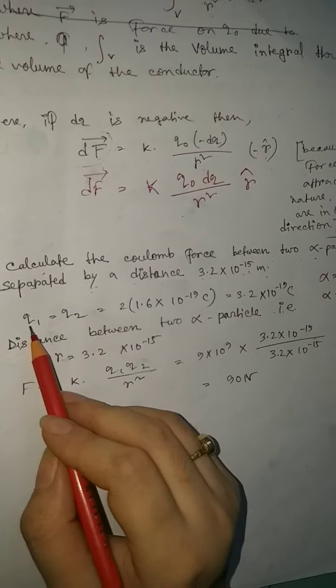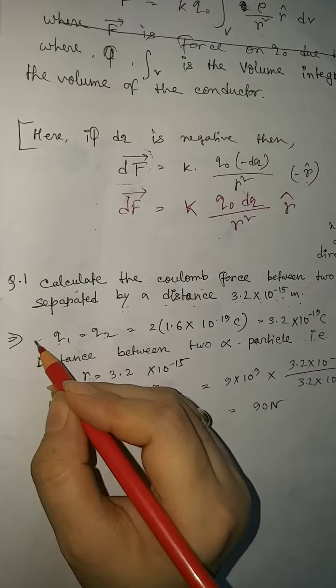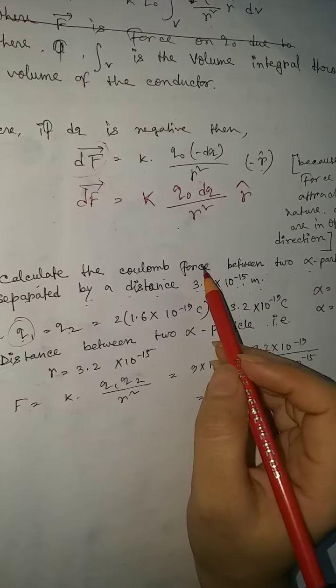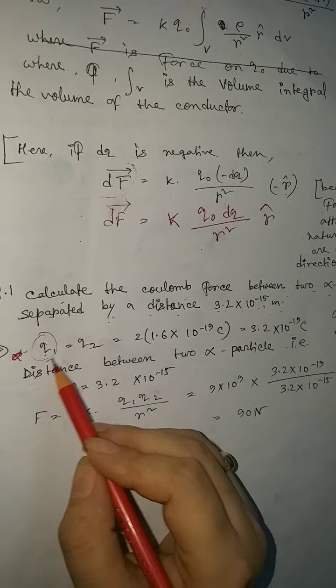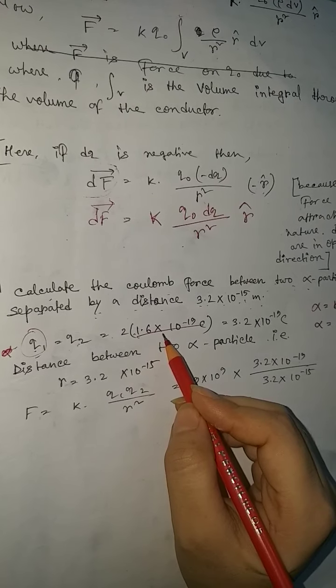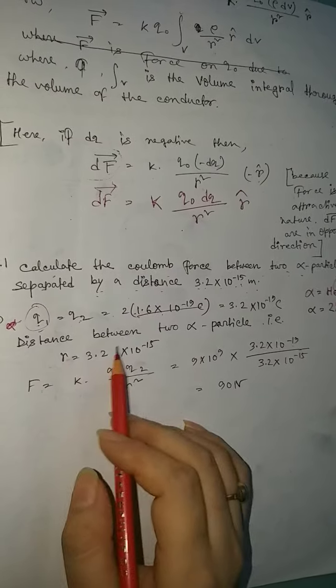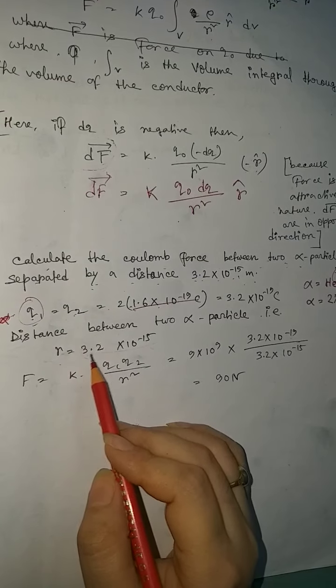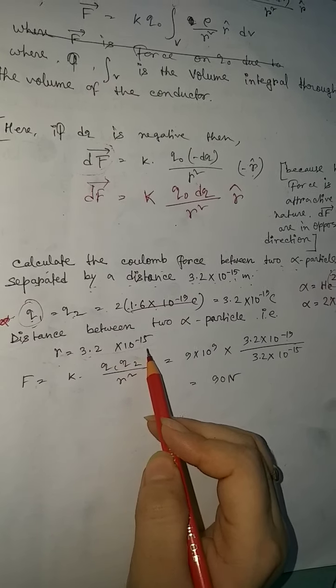So Q1 indicates the charge of an alpha particle, and both are alpha particles. So Q1 equals Q2 equals 2 into 1.6 into 10 to the power minus 19 coulomb. The distance between the two alpha particles, R, is given as 3.2 into 10 to the power minus 15 meter.